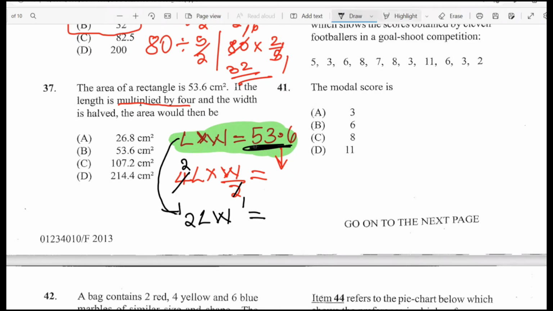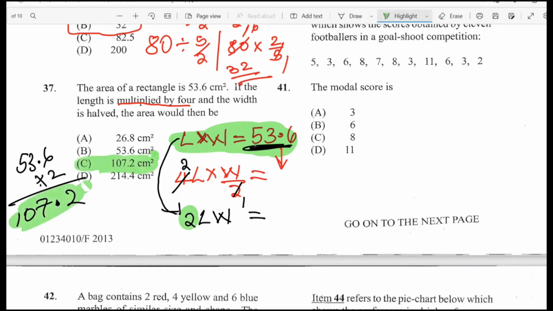So we're going to have to double the 53.6, multiplying that by 2. There it is, 53.6 times 2. All right, and we're going to get 107.2. So here is the response.